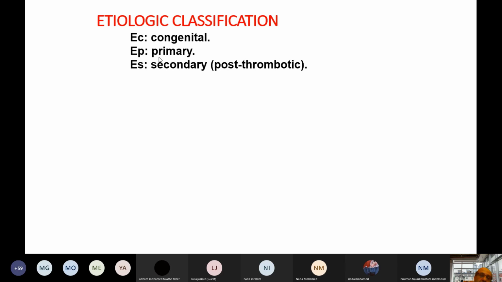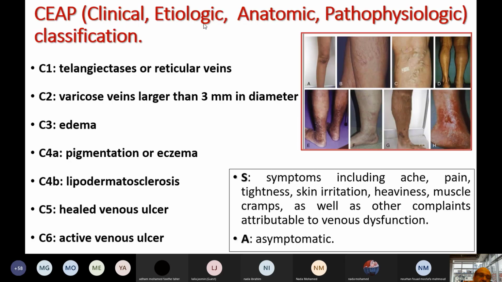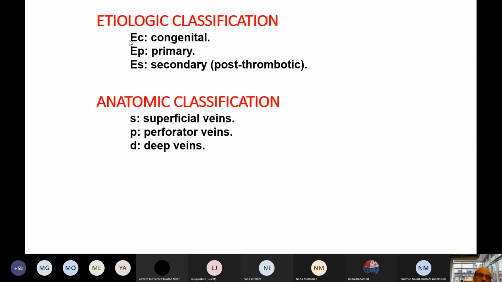We simply say the patient has primary or secondary varicose vein, but CEAP classification is identifying the patient very precisely. The etiological classification tells us whether it is primary or secondary, and the C part, which is C1 to 6, represents the clinical presentation of the patient.